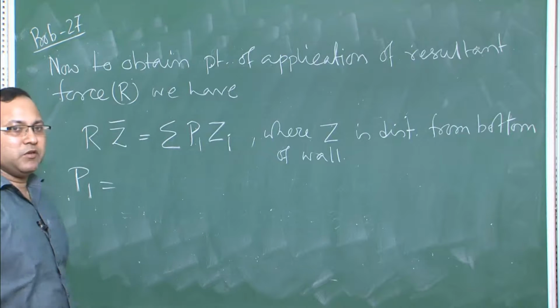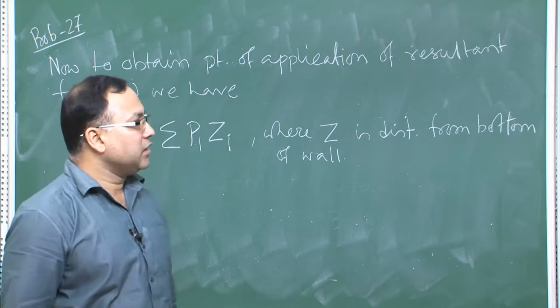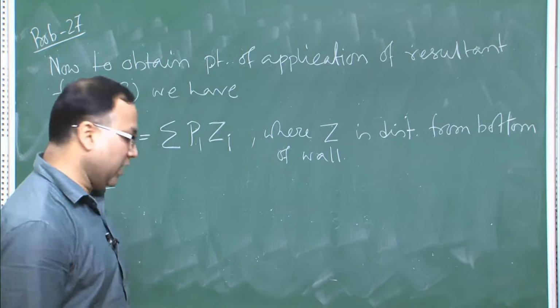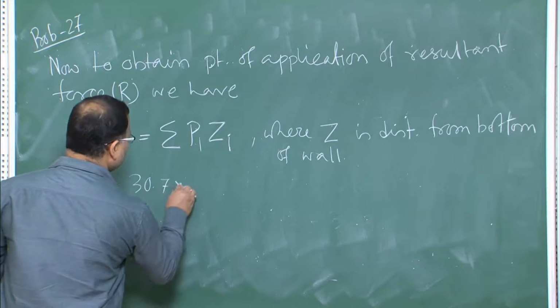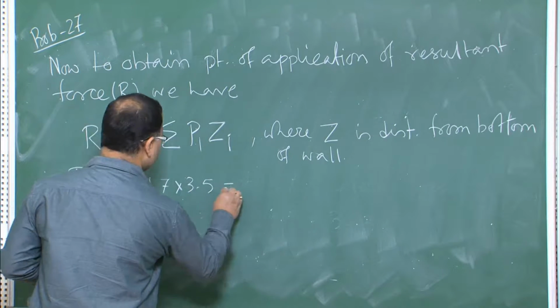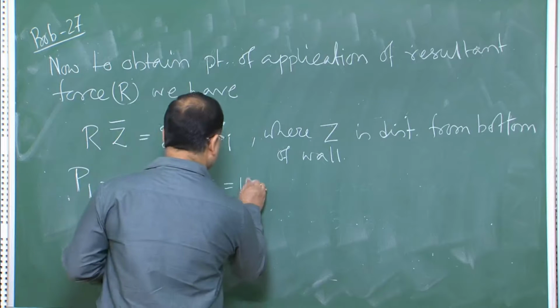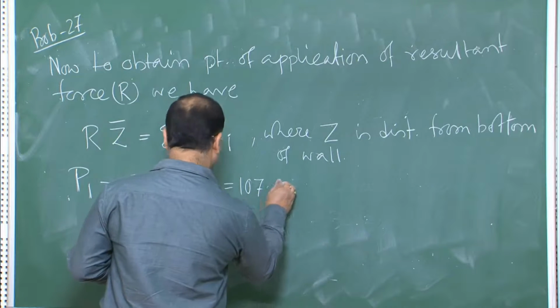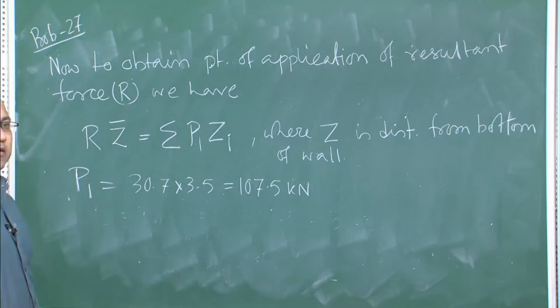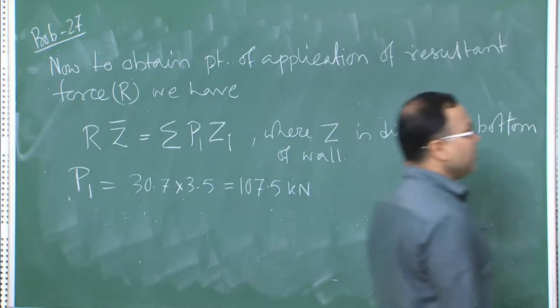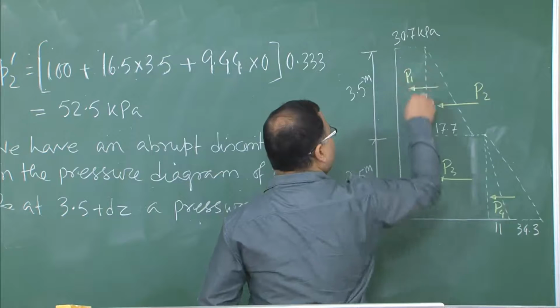P1, what is P1? P1 is the area under that rectangle, the top rectangle. So, P1 is nothing but 30.7 into 3.5, which comes as 107.5 kilonewton, right. It is acting at the mid depth of this rectangular part.